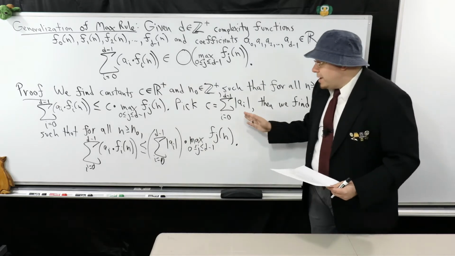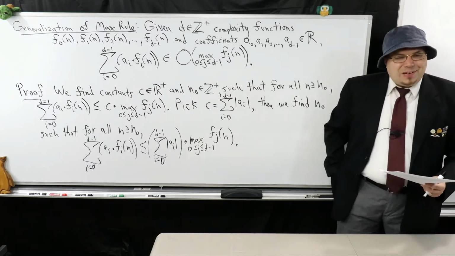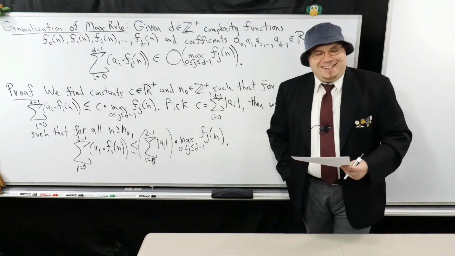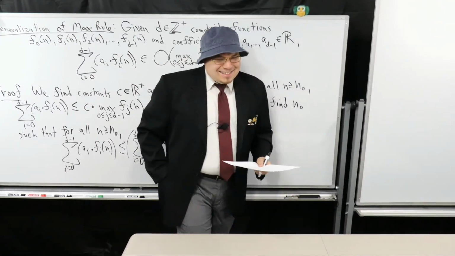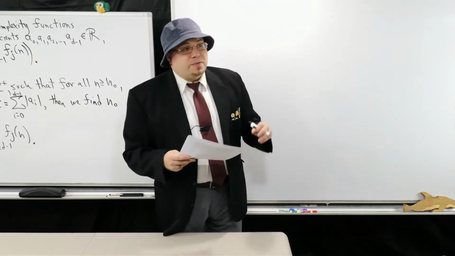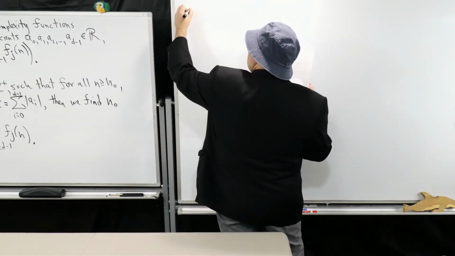We need to find out what n0 is. So we need to find n0. So let's figure out what that is. Let's proceed. So the big thing we're going to use in this proof is the following observation, and I'm going to come back to this observation later.